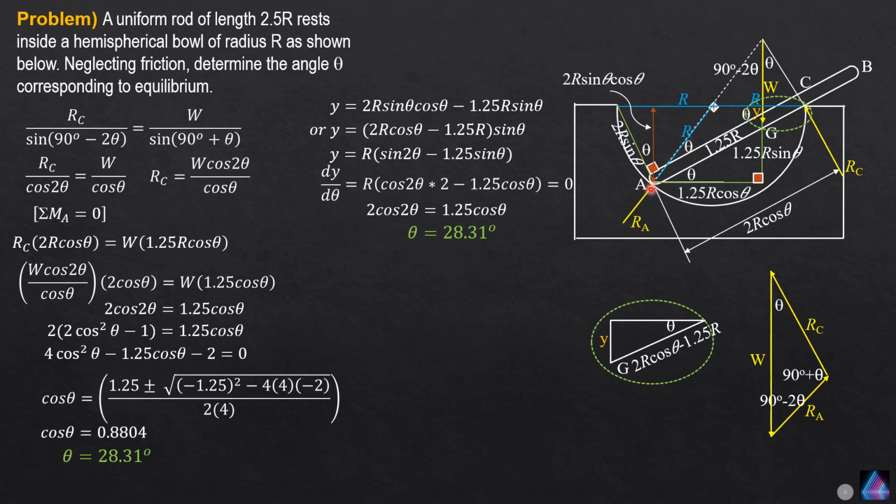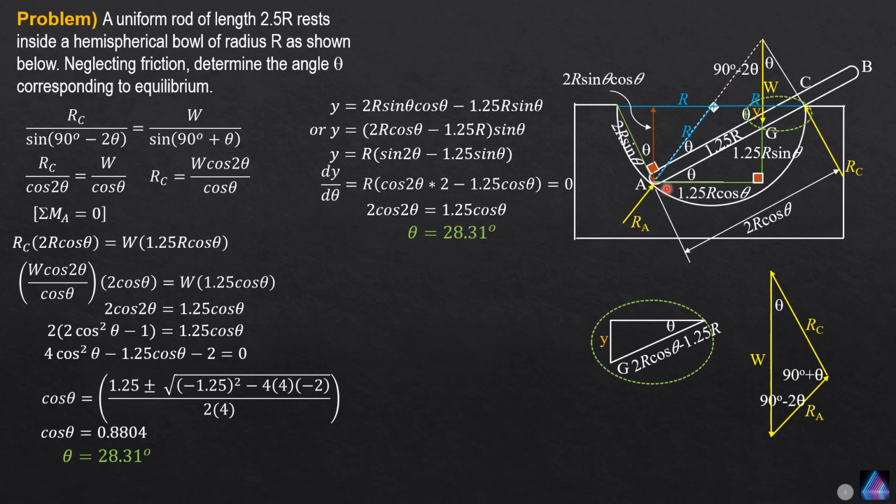So the total angle that RA makes with the horizontal is theta plus theta, 2 theta, and the angle that RA makes with the vertical is equal to 90 degrees minus 2 theta. So that's 90 degrees minus 2 theta.